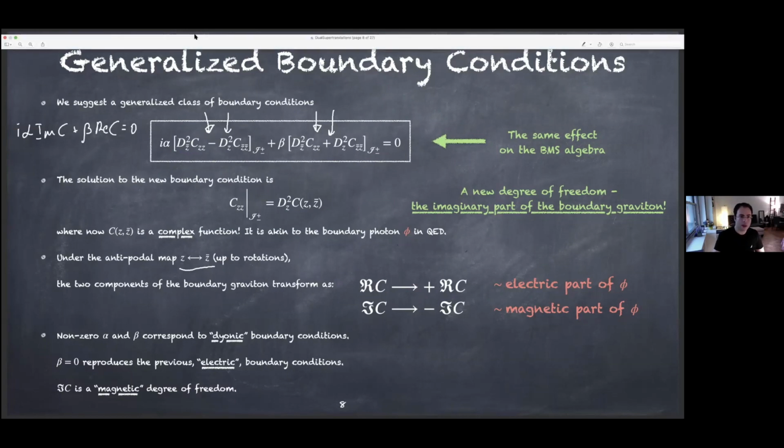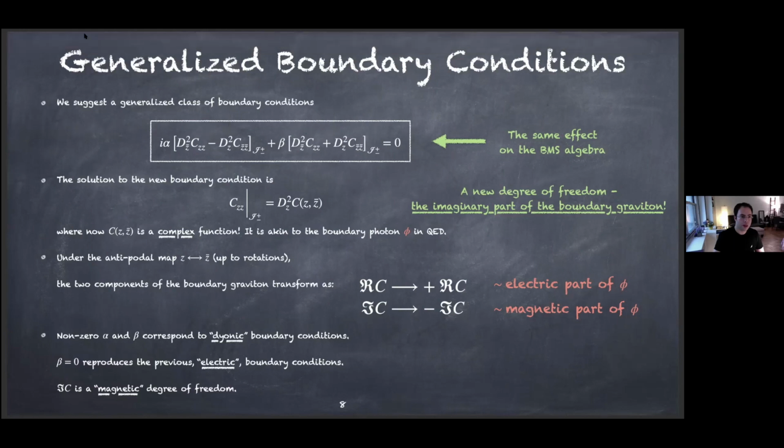So this is the main point, and these new boundary conditions will give rise to many more results that I'm going to present in the following. Before we go on, I will stop to see if there are any questions.